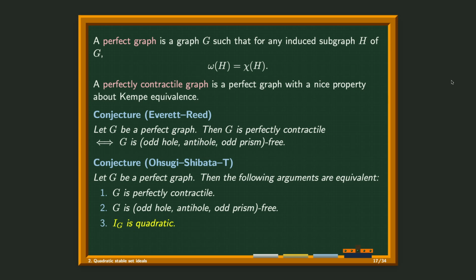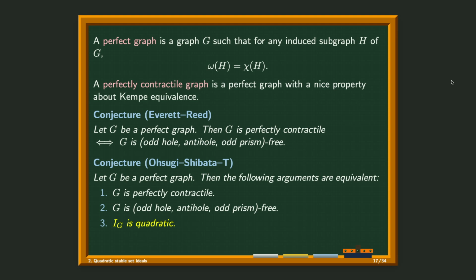This is just a conjecture. We assume that the graph G is perfect. Then G is perfectly contractile if and only if G is odd hole, anti-hole, odd prism free. An odd hole is an induced odd cycle of length at least 5.